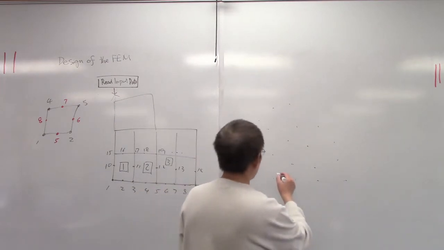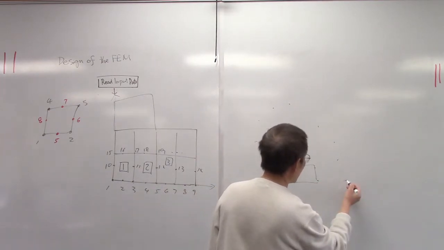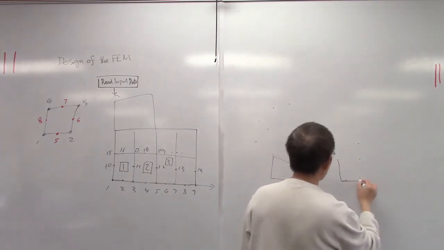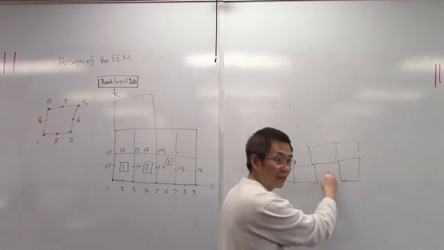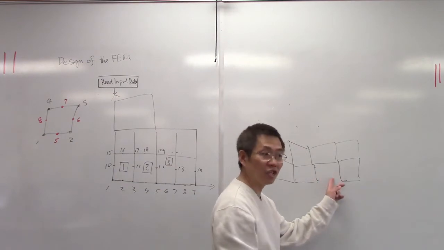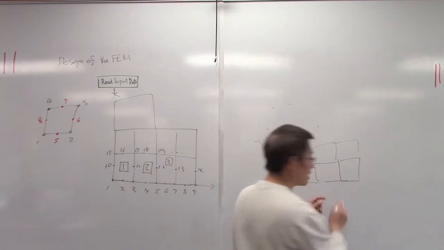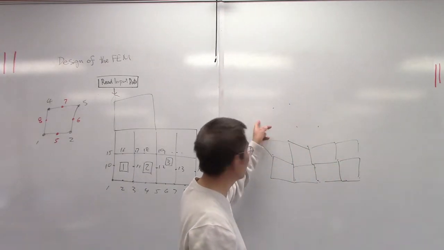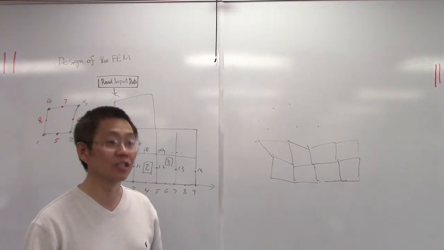Because I could have an element connected like this and this, and okay, let's do it like that. I can have another element connect like that, another element connect like that, and no element connected. So that means for this geometry, there will be a notch here if there's no element. But if there is an element to connect like that, it will be like this. Therefore, now you can see the node information plus the element node connectivity fully defines the geometry.